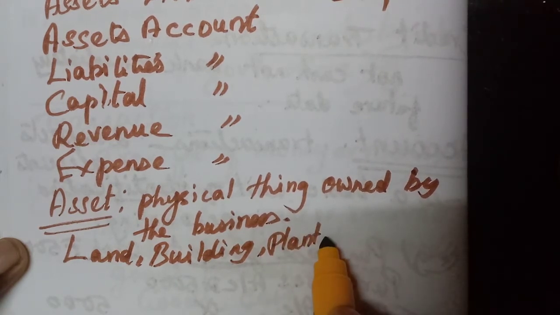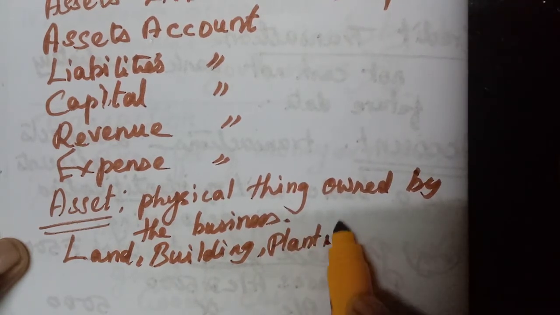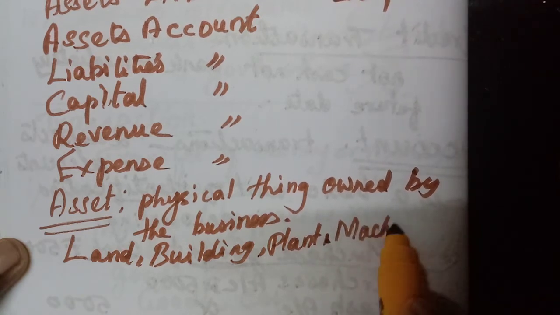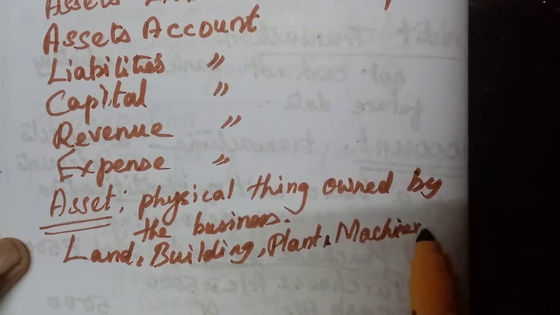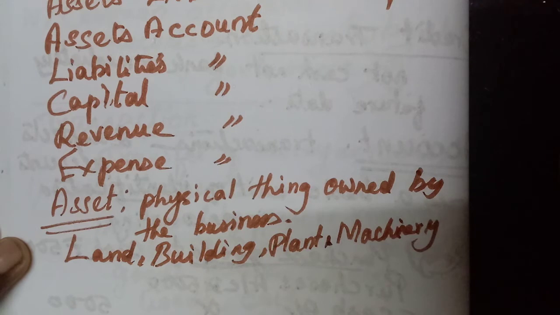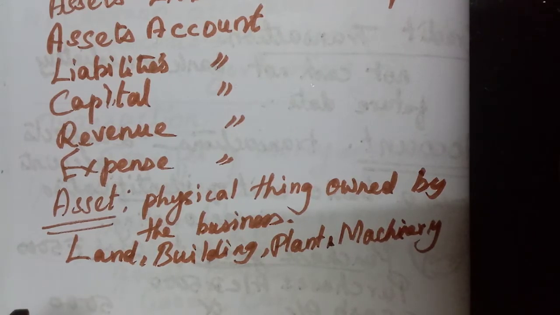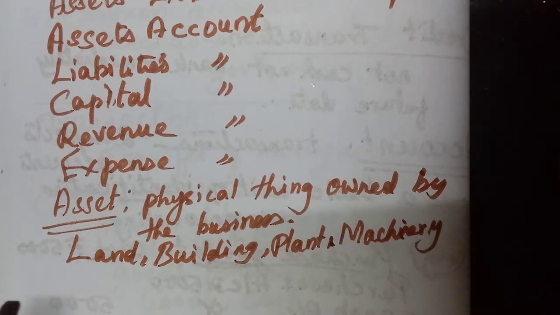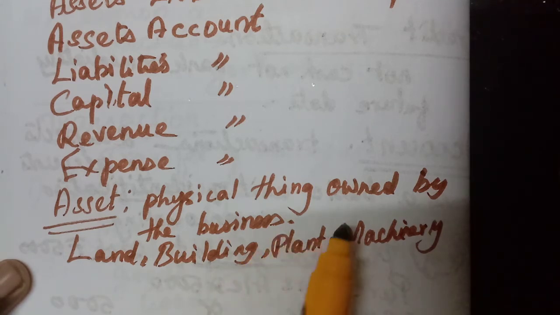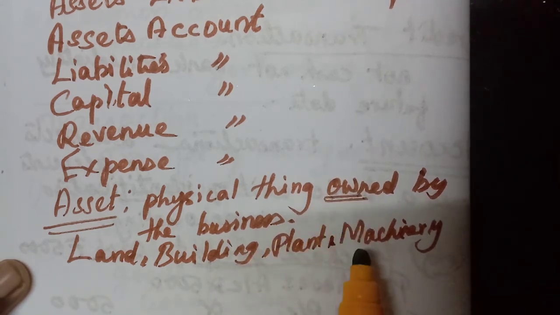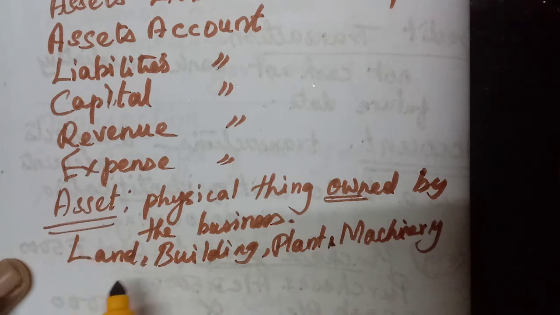Then machinery, all the machines. Then any office equipment. All these accounts, land account, building account, plant account, machinery account, are assets for the business. If the business owns anything, that is called an asset.